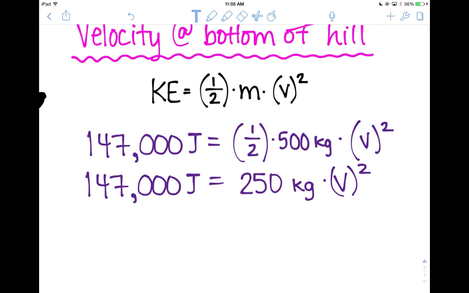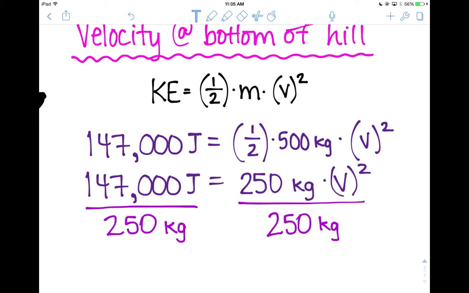We have 147,000 equals 250 kilograms, because I took half of 500, times velocity squared. That velocity is the only thing getting squared, not the mass, not the 1/2, just the velocity. We want to divide by 250 on each side, because that will cancel out the 250 on the right side of the equation, and we can get velocity by itself.